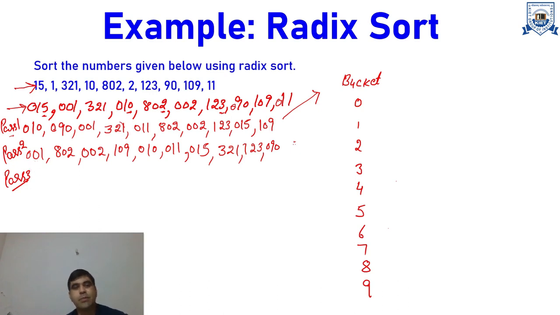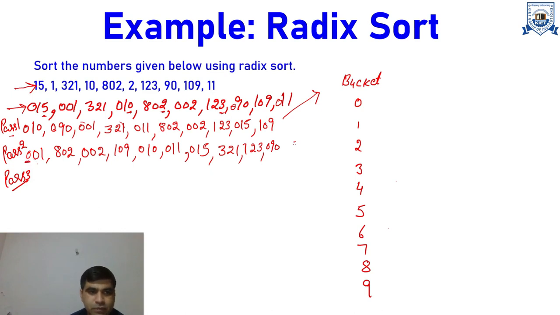But now for pass 3 we take the output of pass 2 as input, and we place the keys into the buckets based on the third digit.